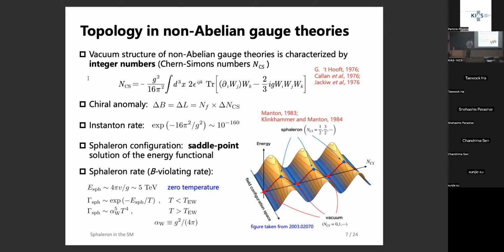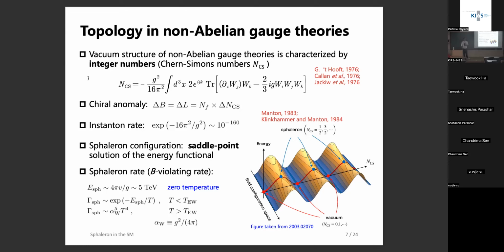And because of the chiral anomaly in gauge theories, the baryon number and the lepton number are not conserved, and the exchange of baryon and lepton number is connected to the exchange of Chern-Simons numbers. Here, N_F is the number of generations of fermions, and the transition between topologically different vacua is mediated by the so-called instanton process.